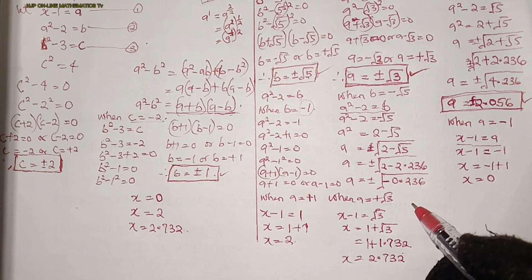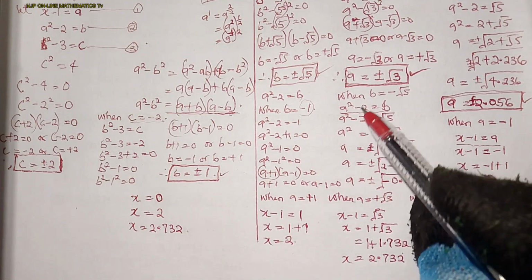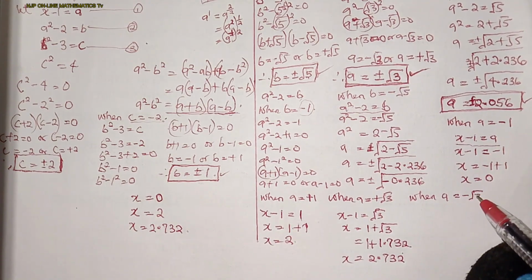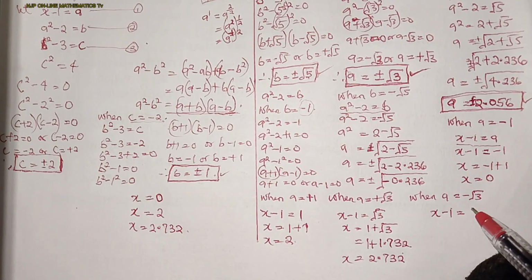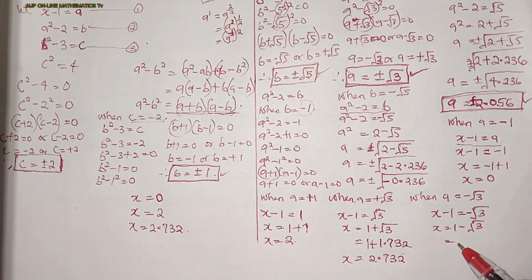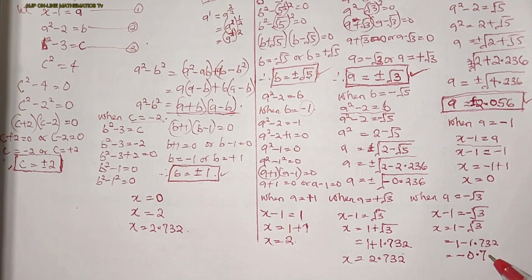So now let's substitute when a is negative root 3. We have that x minus 1 equals negative root 3, then x equals 1 minus root 3, and this is 1 minus 1.732, and this is negative 0.732.